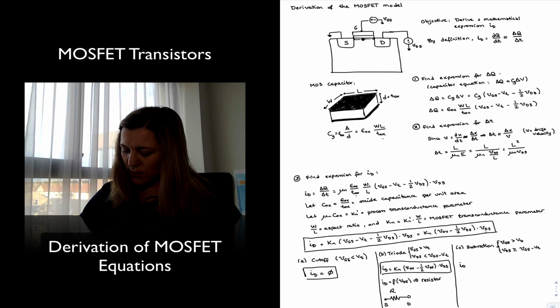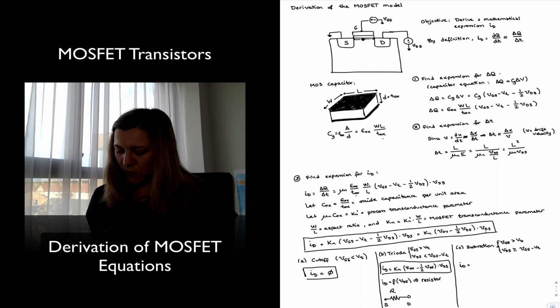In that case, we can replace VDS by the value VGS minus VT in our equation up there. And so we will come up with the following. We will have ID equals Kn times the overdrive voltage minus 1/2 of VGS minus VT, and all that multiplied times VGS minus VT.